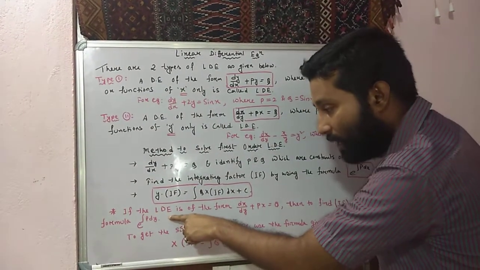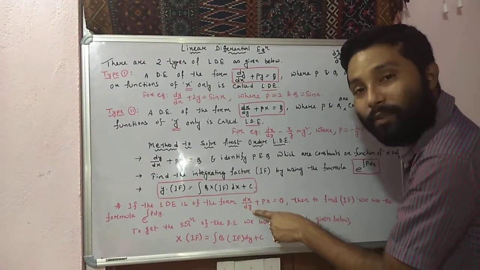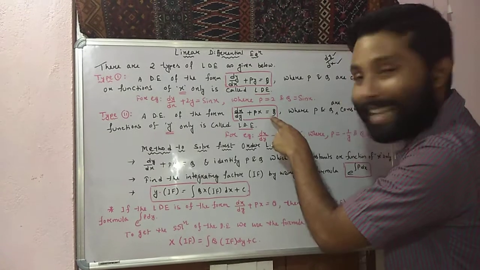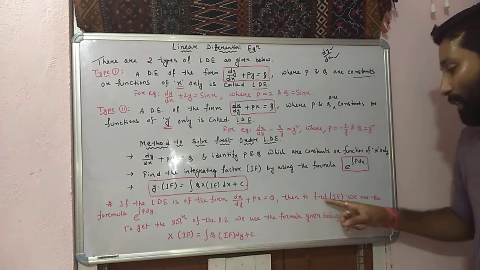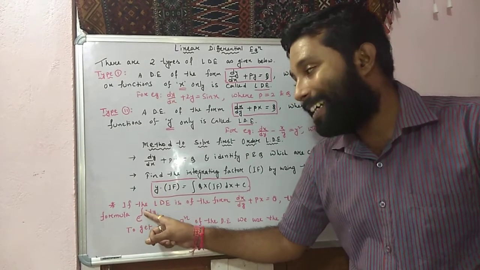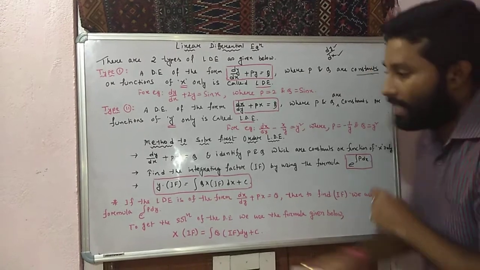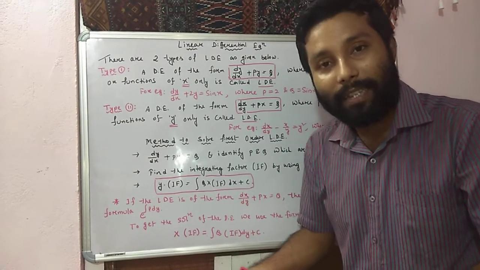If the linear differential equation is of the form dx by dy plus px equal to q, this is the second type, then to find the integrating factor we use this formula e to the power integration p dy. Just interchange: here it was p dx, here it will be integration p dy, to find the integrating factor.